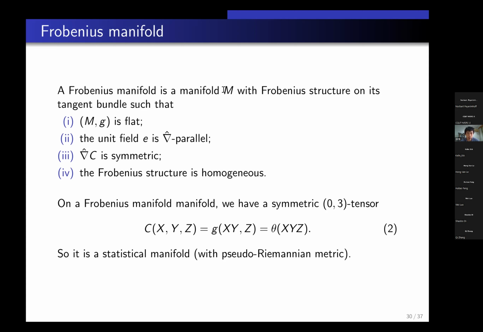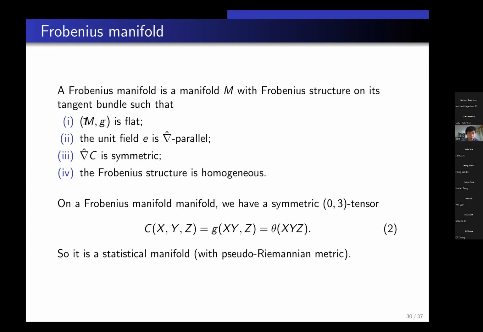This is actually a very heavy definition. This manifold not only has a Frobenius structure on the tangent bundle, which just means that at each point the tangent space, a vector space, has a Frobenius algebra structure, and it should vary smoothly with the point. But this is only the first property.